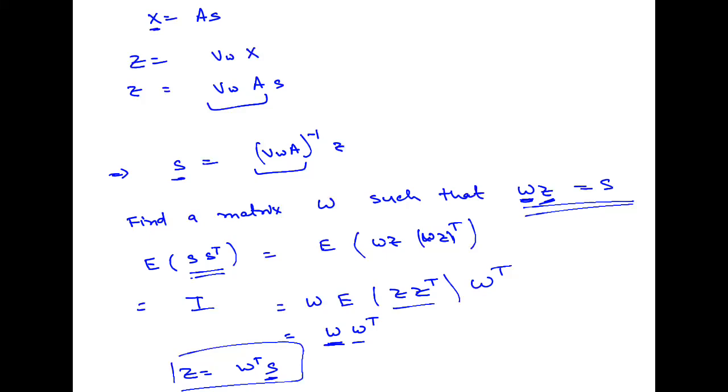And if we can somehow measure non-Gaussianity, how much non-Gaussian they are, if we can give a formula for measuring the amount of non-Gaussianity, then Z will essentially be a mixture of several non-Gaussian sources. Therefore, the Gaussianity of Z will be higher than that of S. Now we want to find a W such that W Z equals S. So we look at the W that maximizes the non-Gaussianity of W times Z. And that is going to give us S.